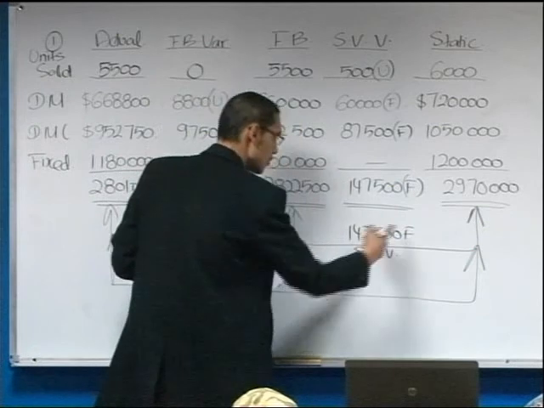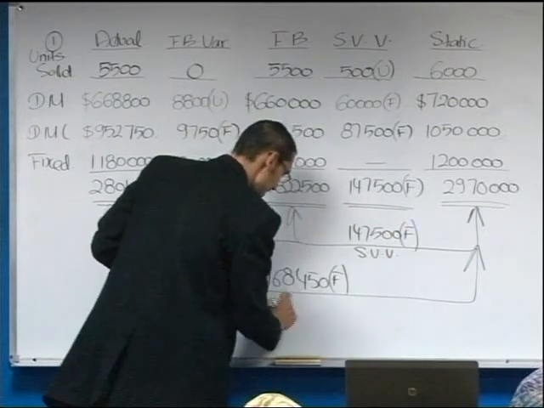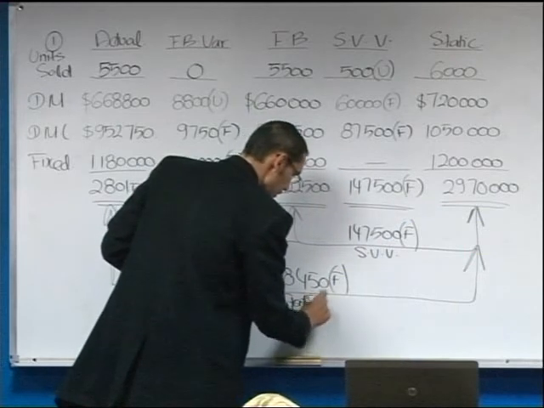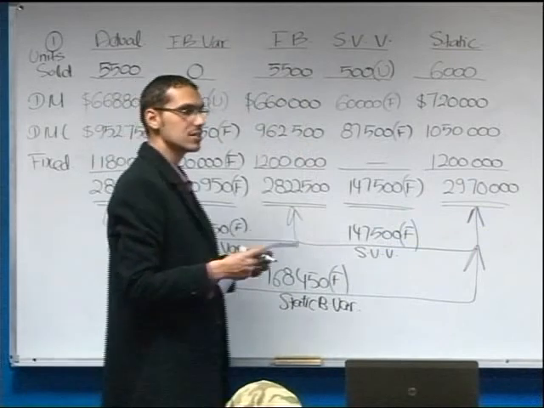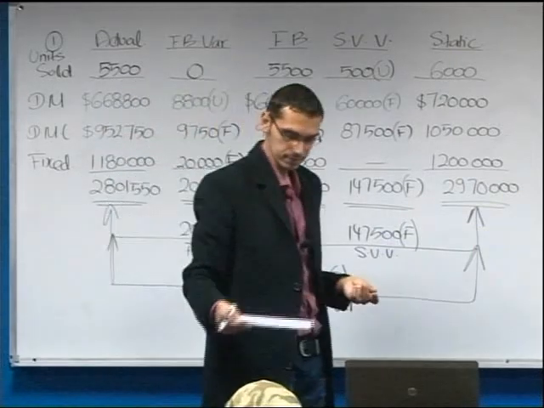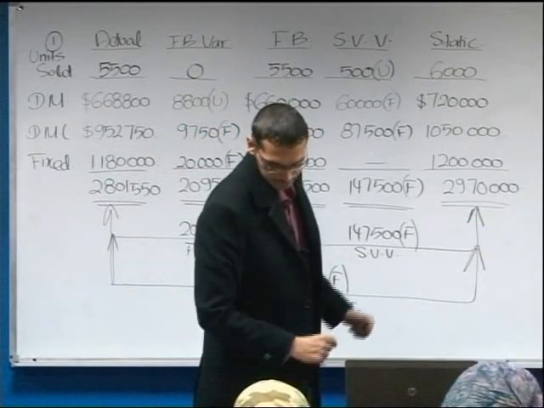Of course, both favorable. Therefore, we would have a favorable static budget variance. This is the first requirement for our question.